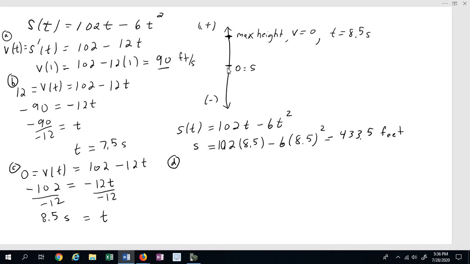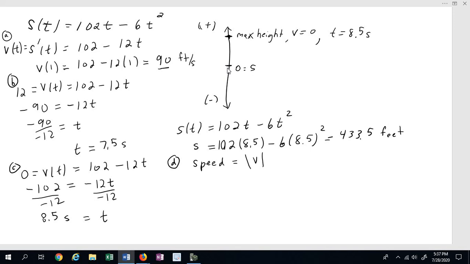And then we're going to find the time that it takes to hit the ground, plug that into the velocity function to find the velocity of the object, and then we'll take the absolute value of that to get the speed. Okay? So just make a note of that. Speed is the absolute value of velocity.